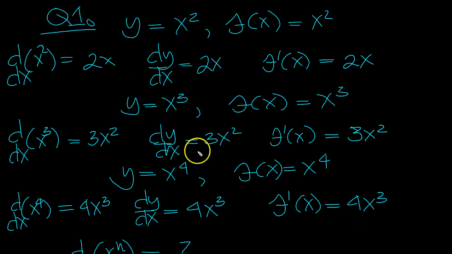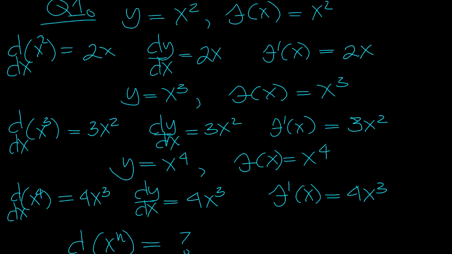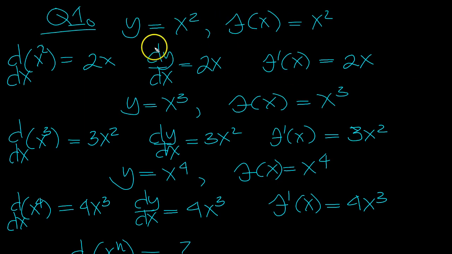So once you've started to do a few of these from the examples in the preceding section, we can work out a general rule. I hope you can see what happened. This is actually power 1, isn't it? So can you see what happened? This 2 came down to be at ground level, x to the 1 power less, wasn't it? And similarly, the 3 came down to be at ground level, x to the 1 power less. And here the 4 came down to be at ground level, x to the 1 less.